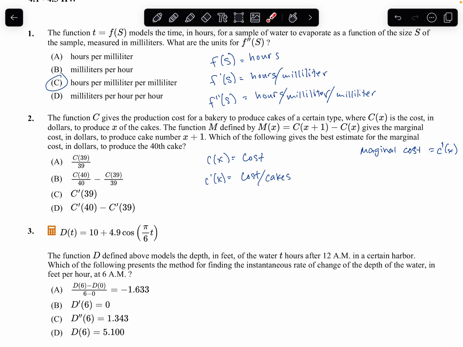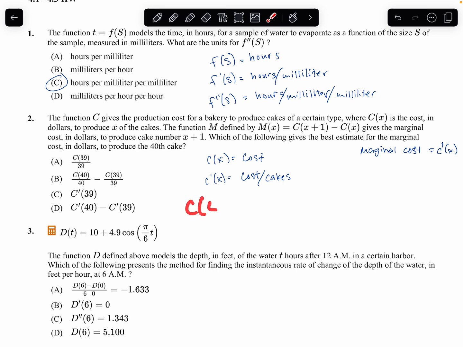Okay, so we're looking at here, c of 39 over 39, the cost divided by the number of cakes. This would be like an average cost, so no. This is c of 40 minus c of 39 over 40 minus 39. I think they're trying to bait you guys into picking this one since this looks like average rate of change, but it's not average rate of change.